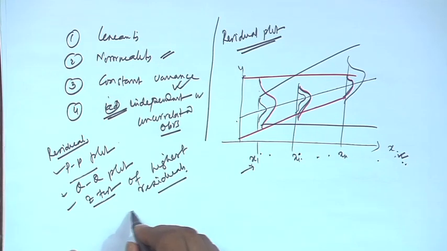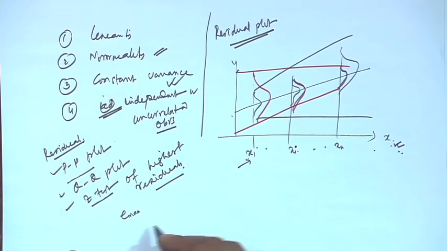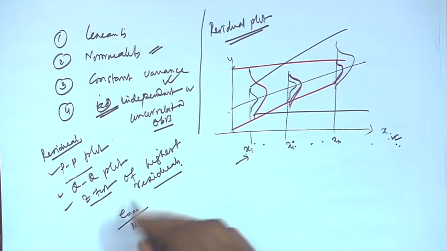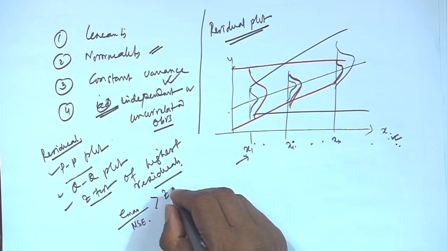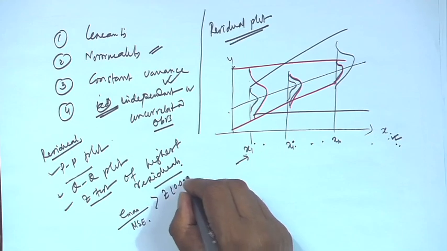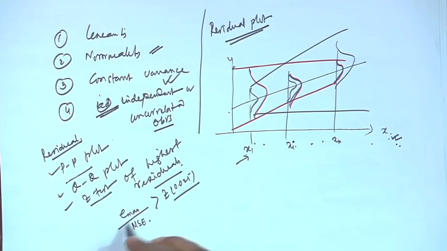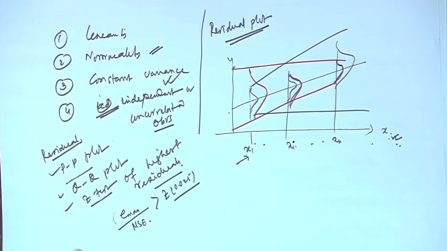You find the maximum residual E max from this data, and divide it by the error variance, that is MSE. If this is greater than Z 0.025, then we can say there is a violation of normality.